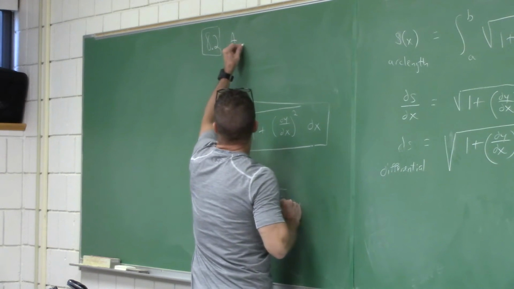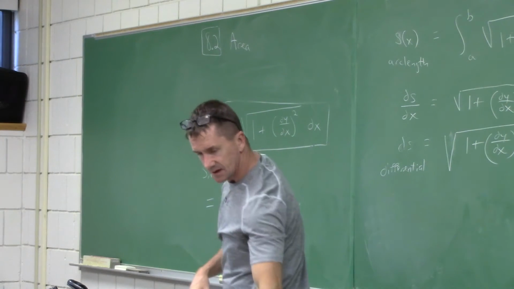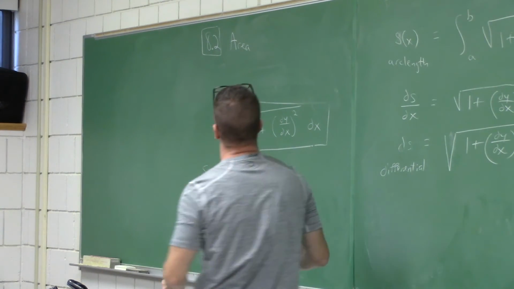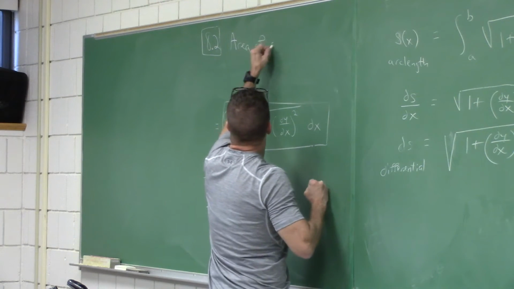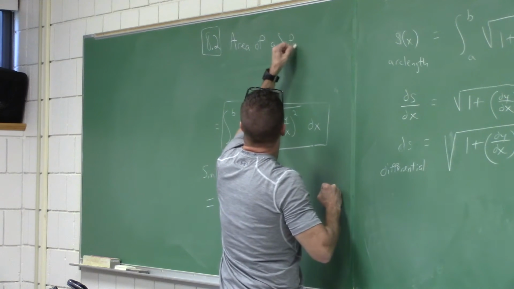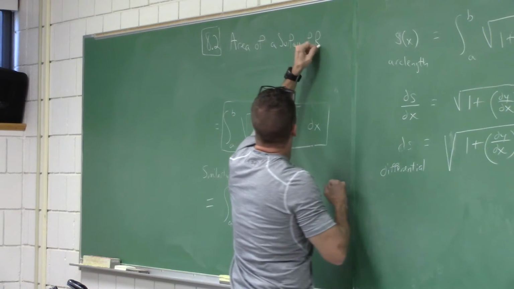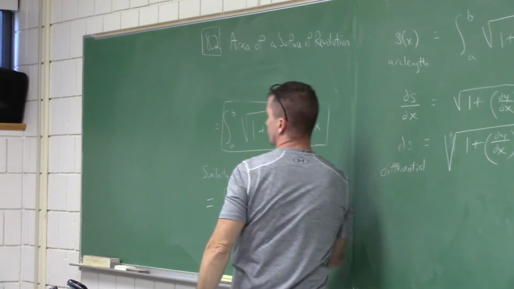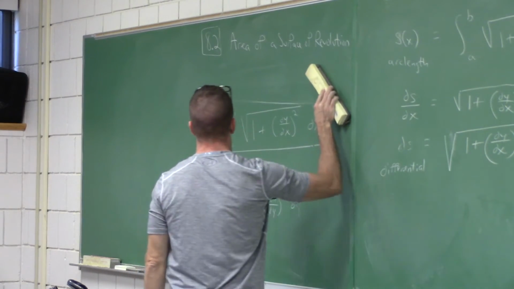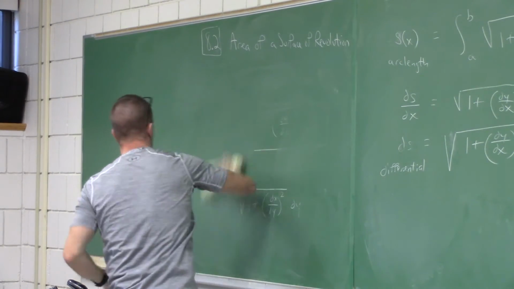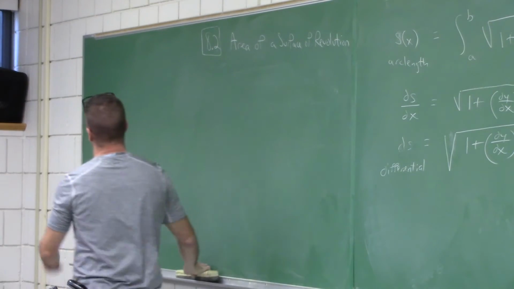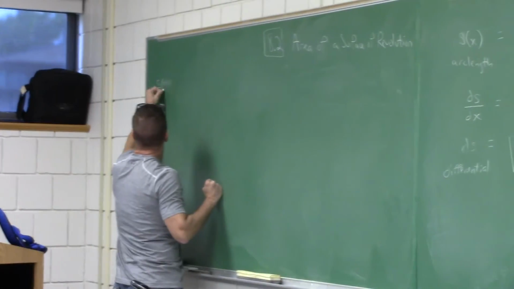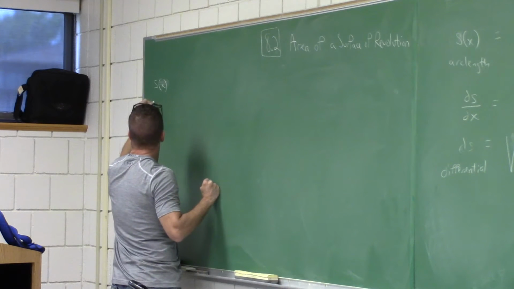But this leads into this next section. Area of a surface of revolution. These were arc length formulas. I can leave that up here. What was S of x, arc length, equal to?